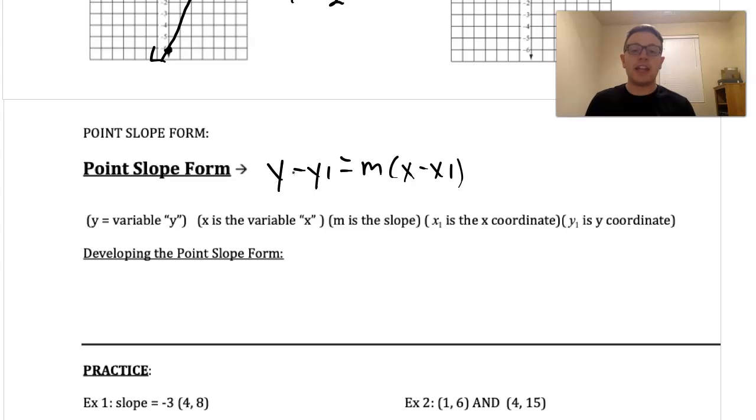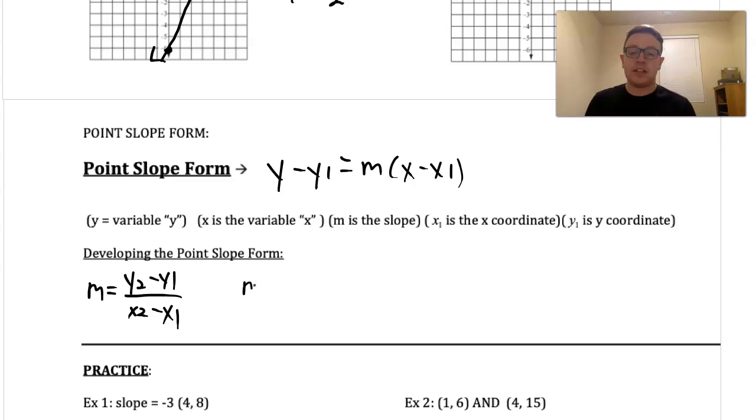So this is y minus a point is equal to our slope times x minus a point. And you might think, wow, this is confusing, but it's actually really simple. It just comes from our slope. We said our slope is equal to y2 minus y1 over x2 minus x1.